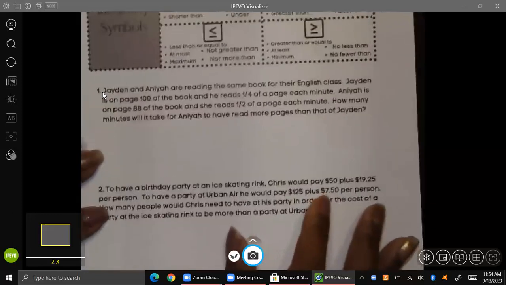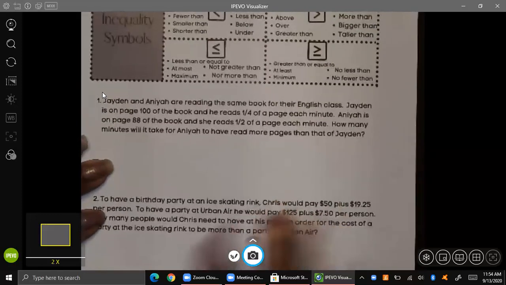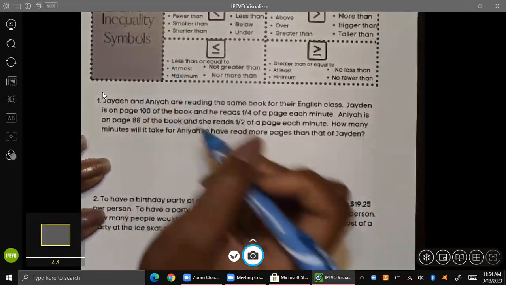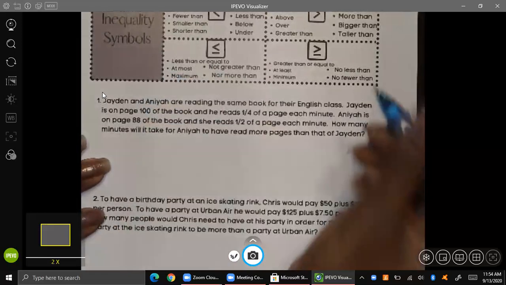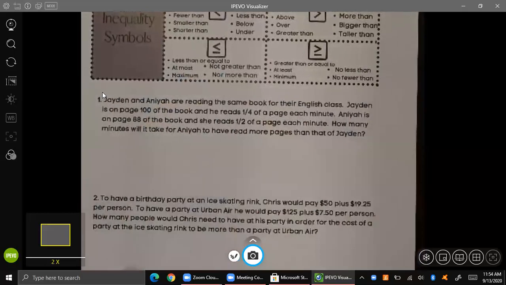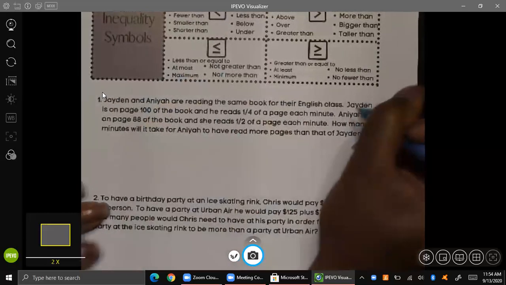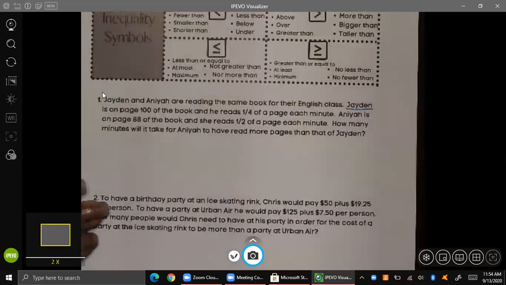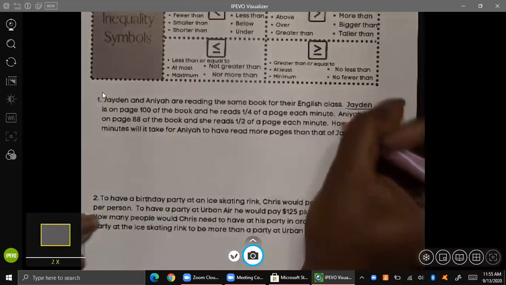So now let's see what information we have. It says that they are both reading. We know that we are comparing Jaden, which I am going to underline his information in blue. And then we are comparing Anaya, who I am going to underline her information in pink.